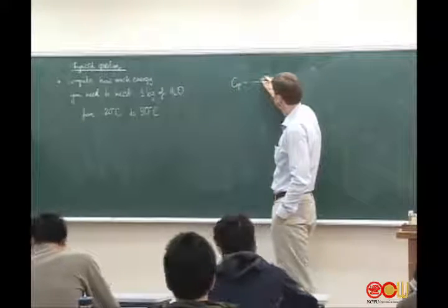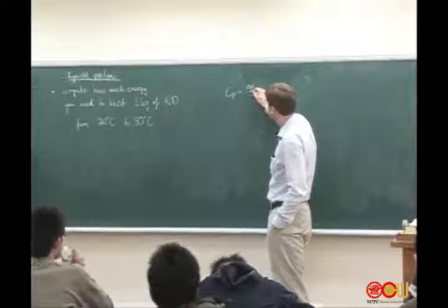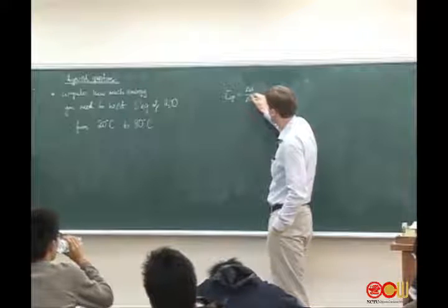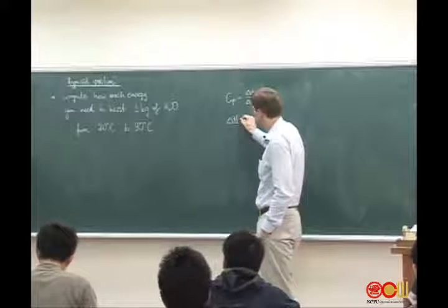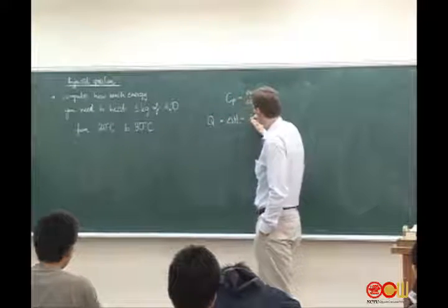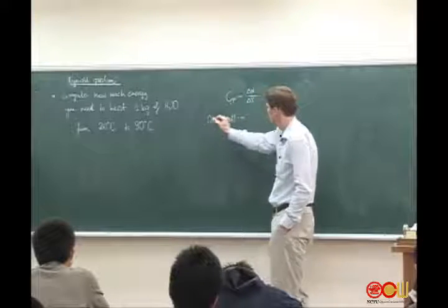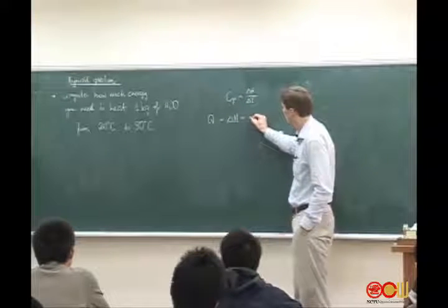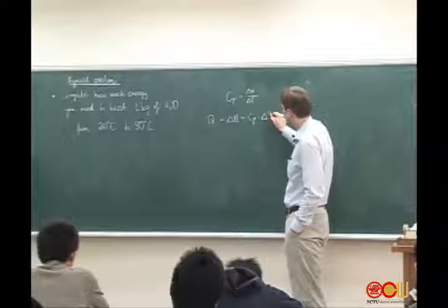So you know there would be delta H of delta T, and you know at constant pressure these two are equal, so you find that this is Cp times delta T.